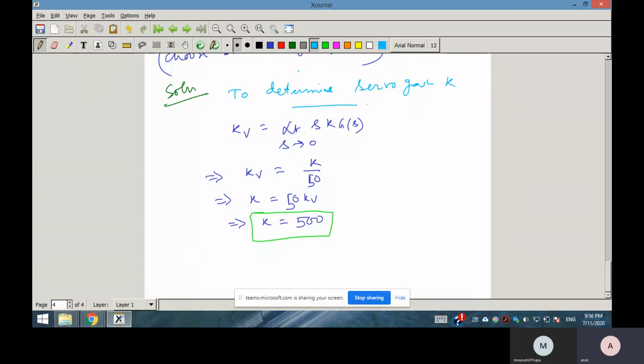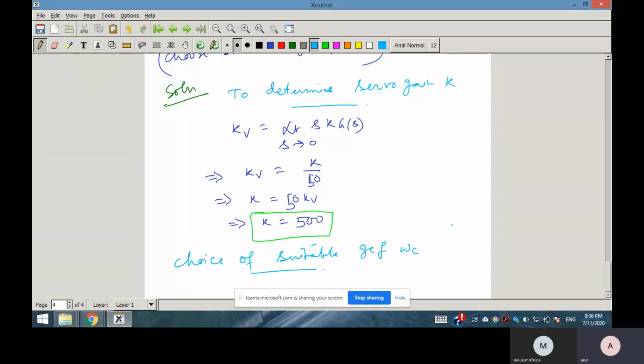So the choice of suitable GCF omega c. So how will you choose? You have to obtain Bode magnitude data for the uncompensated system.